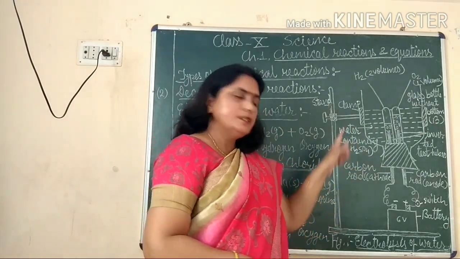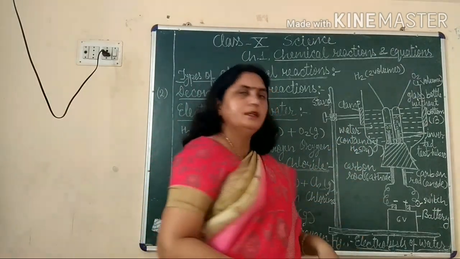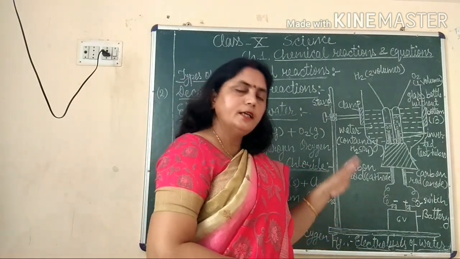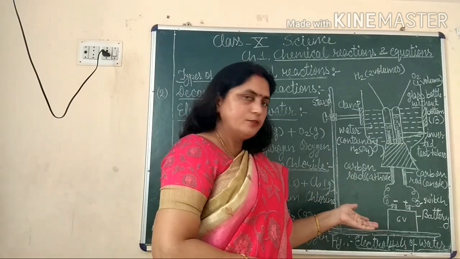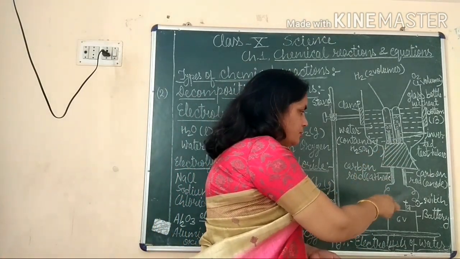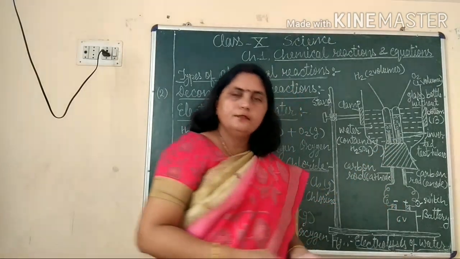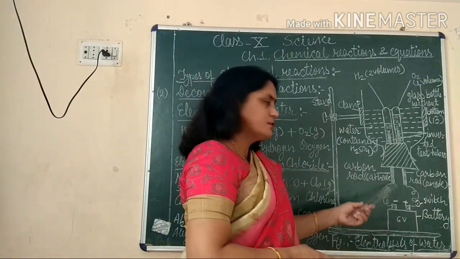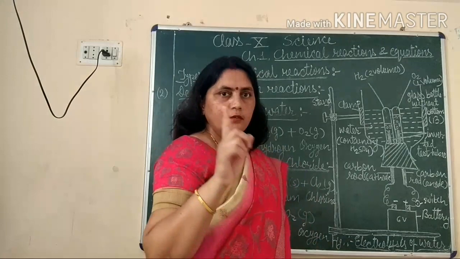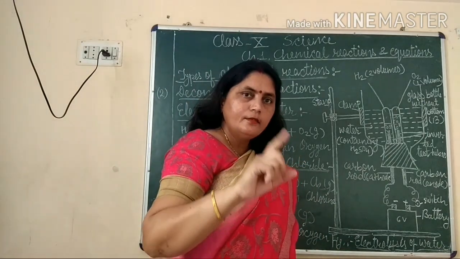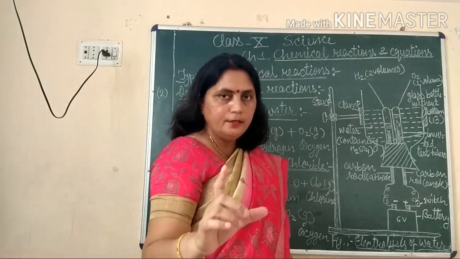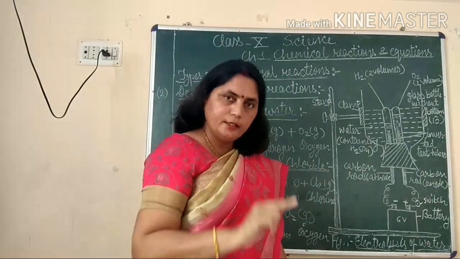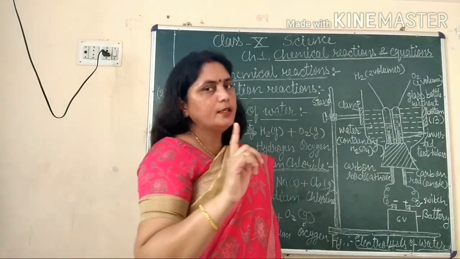The electrode which is connected to the negative terminal of the battery becomes negatively charged, so it is called cathode or negative electrode, and the other electrode which is connected to the positive terminal of the battery becomes positively charged, so it is called anode. So negatively charged cathode, positively charged anode, or negative electrode is cathode, positive electrode is anode.